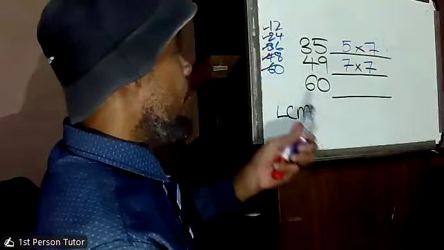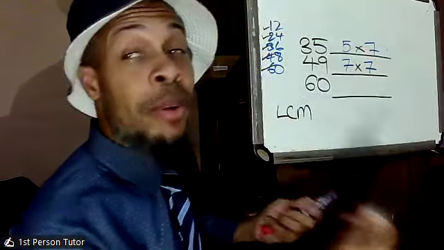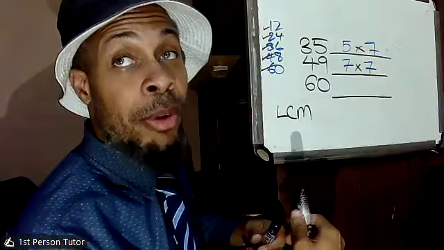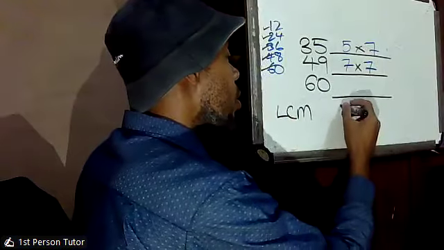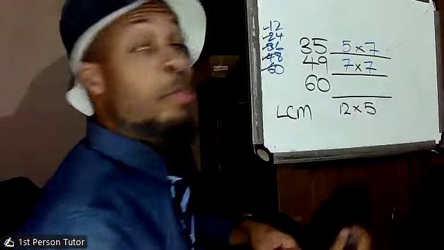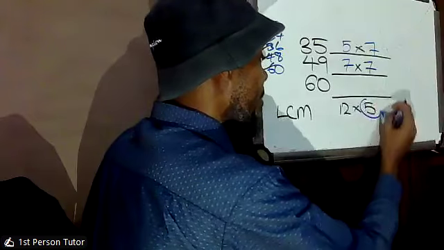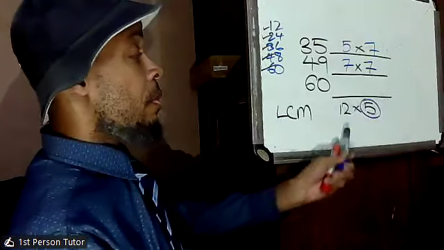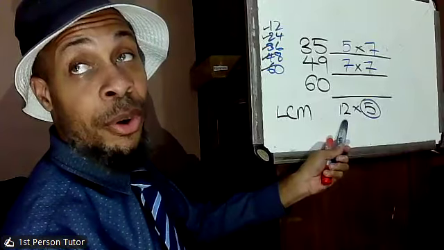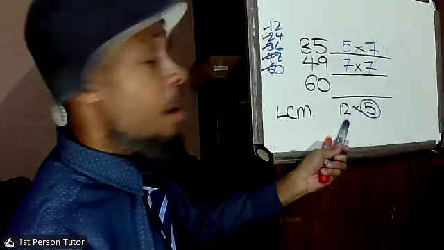All right, so this would be 12 times 5, but we remember that we need the prime numbers. So, yes, you have 12 and you have 5. 5 is prime, but 12 is not, right? So if you don't remember it, you can break it down until you get all numbers that are prime.